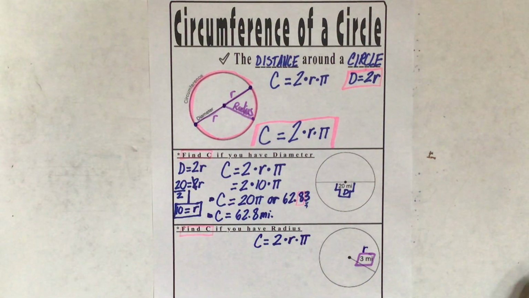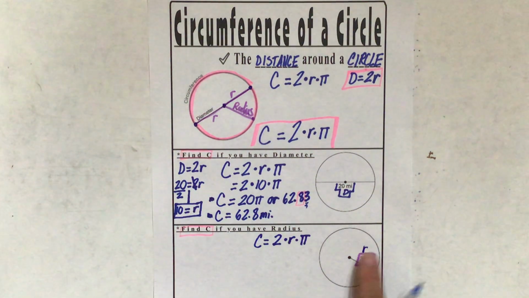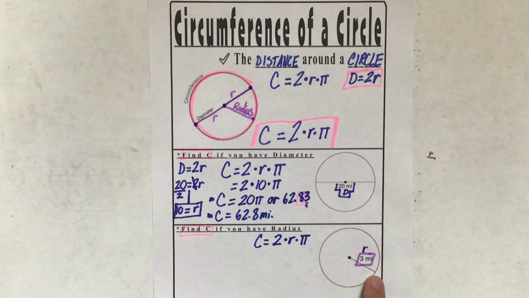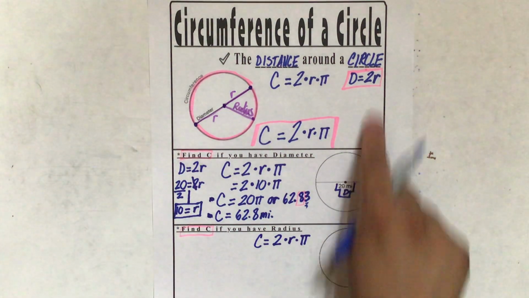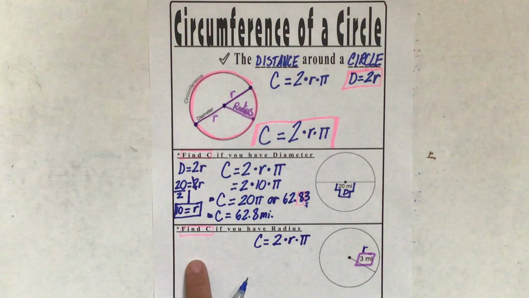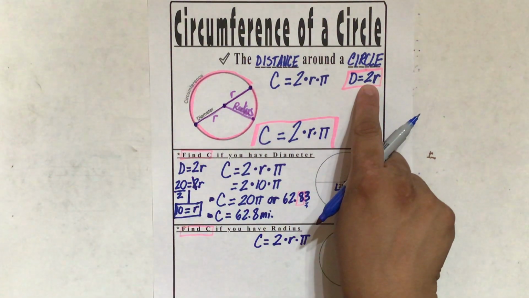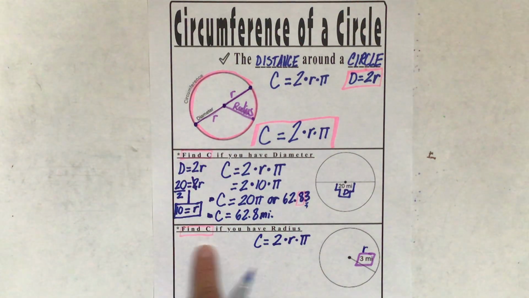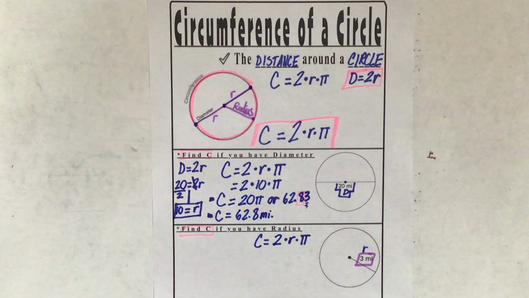See? Now this problem only has r. There's no d in this problem. There's no diameter. It's not going across. It's only r. So there's no need to do this over here like I did with d equals 2r. We can just go straight to the formula.